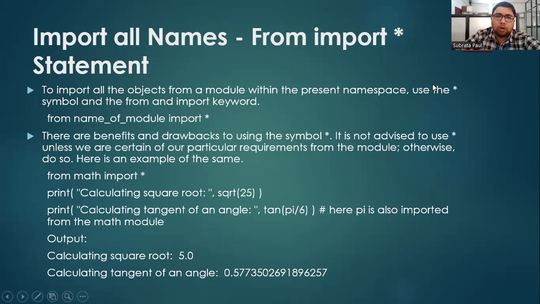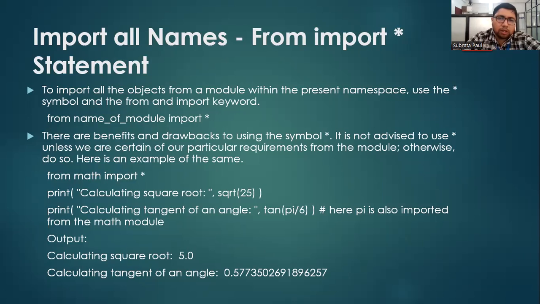The general syntax is from module name import star. There are various benefits and drawbacks to using the star symbol, so it is not advised unless we require everything inside a module. For example, let us consider this code.